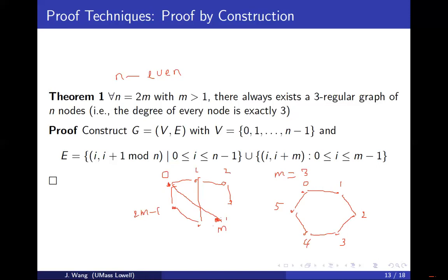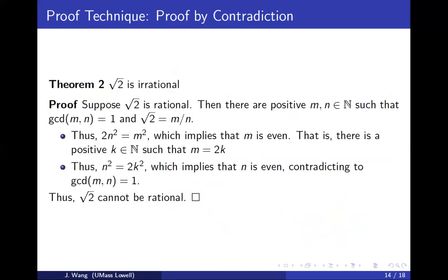So we got 0 to 3, 1 to 4, and 2 to 5. So you look at each node, and you see their degree is exactly 3. So this is a proof by construction.